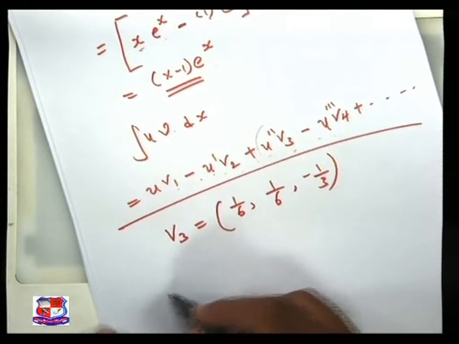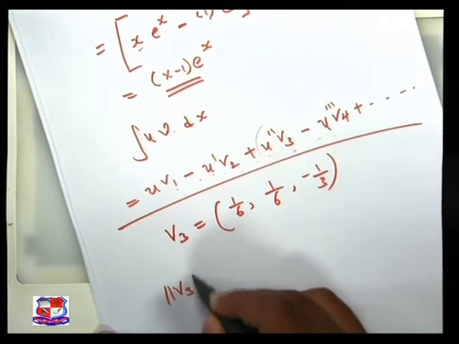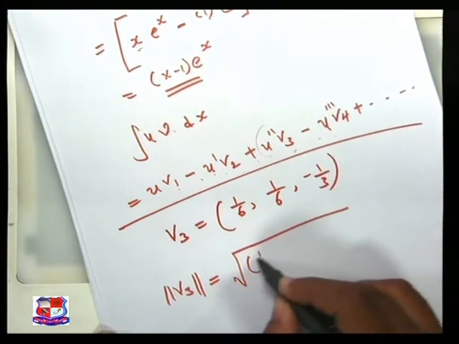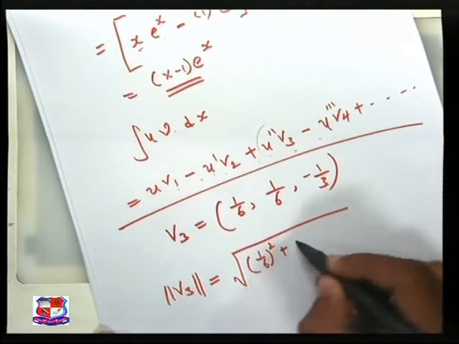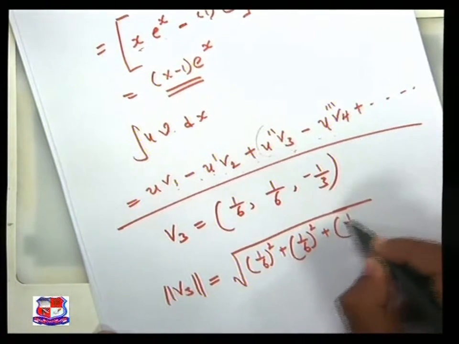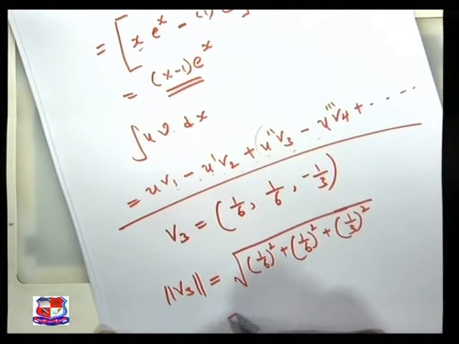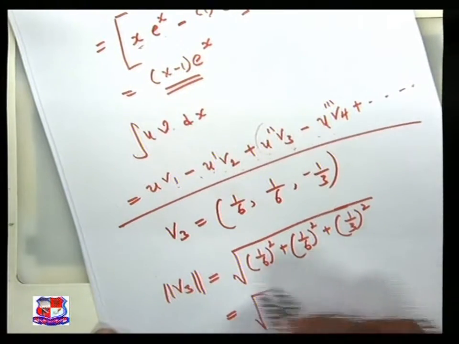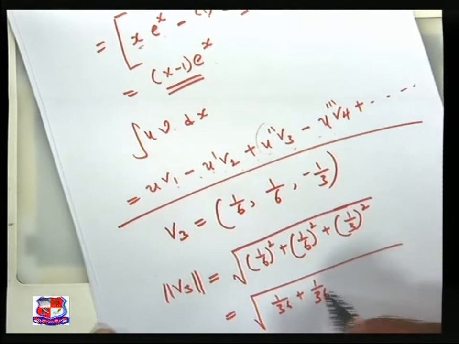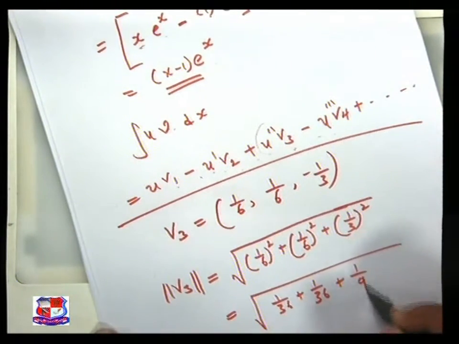So norm v3 is equal to under root of 1 by 6 square plus 1 by 6 square plus 1 by 3 square, correct? That is 1 upon 36 plus 1 upon 36 plus 1 upon 9.